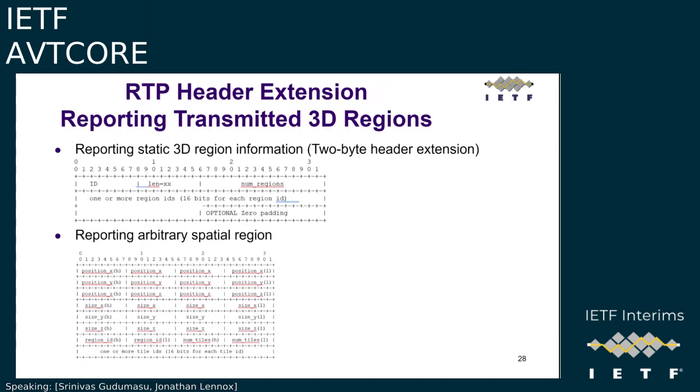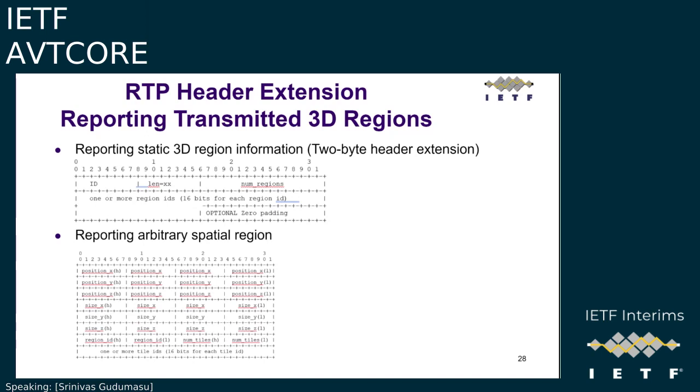When the sender receives the request, it has to prepare the content and also inform the client which 3D regions it is sending. In the case of a static 3D region request, it can include the number of regions it is sending and the region IDs. In the case of an arbitrary spatial region request, the sender constructs the data for that specific spatial region.